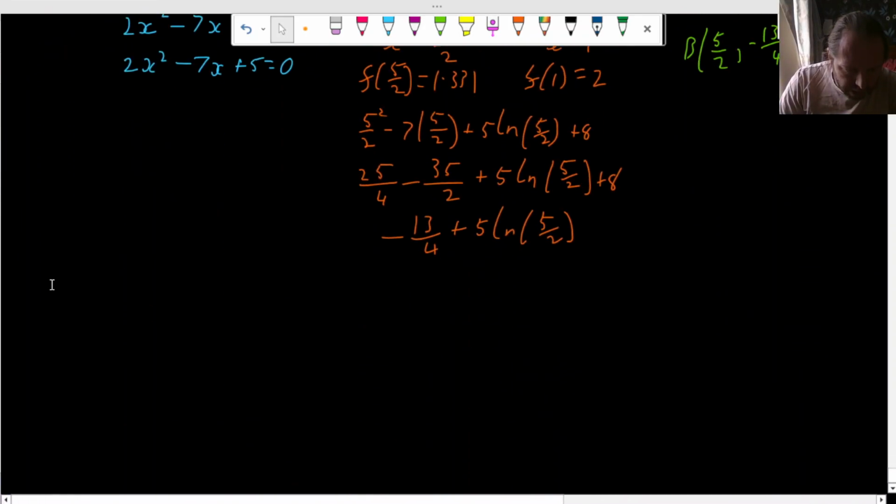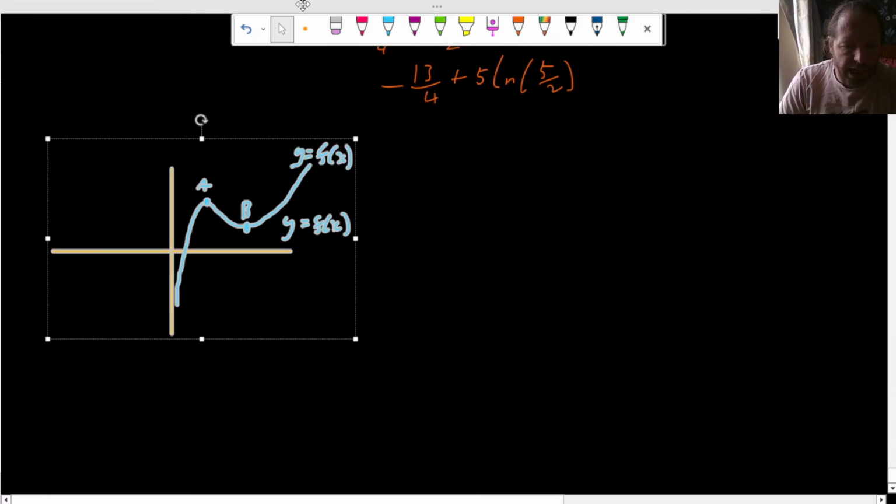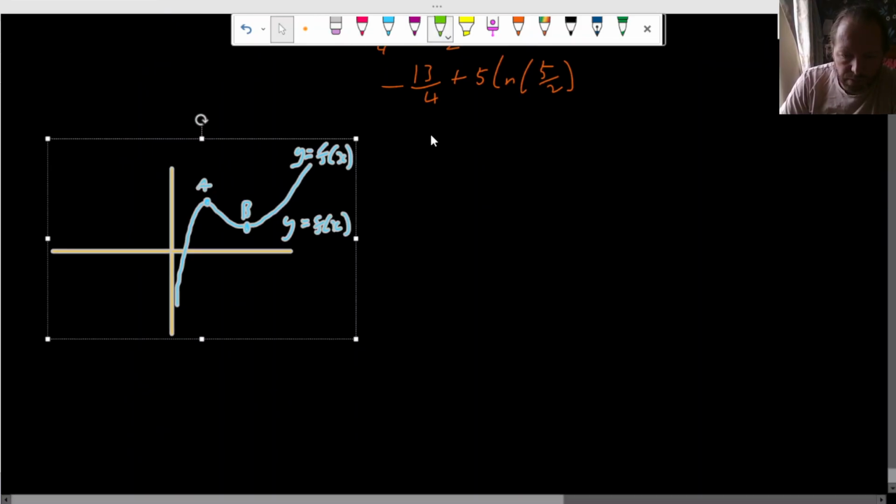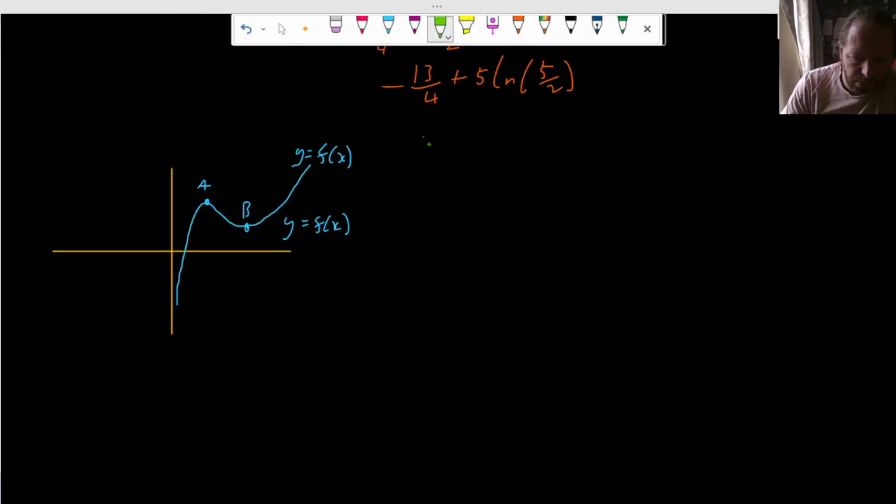So let's take that, put it there. Okay, and then they are asking us to sketch y equals, what was it, minus 3 f of x minus 2.